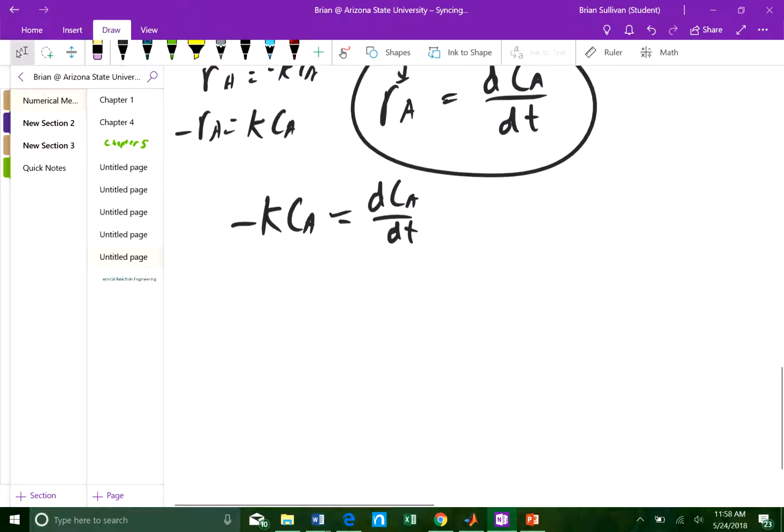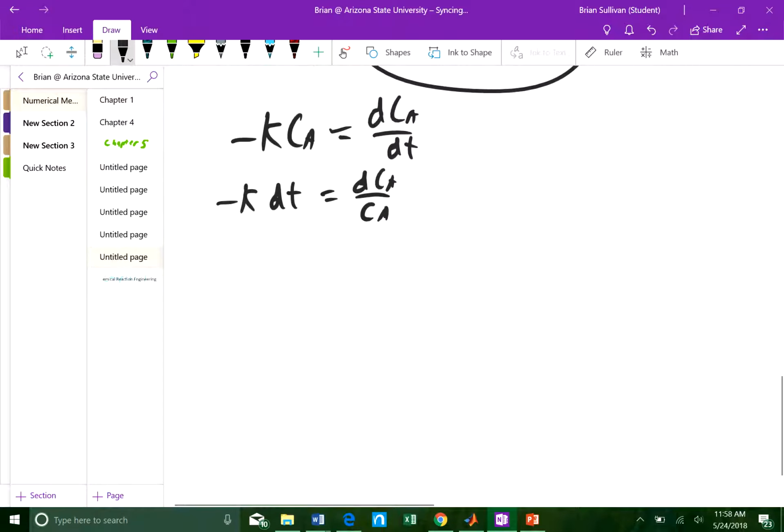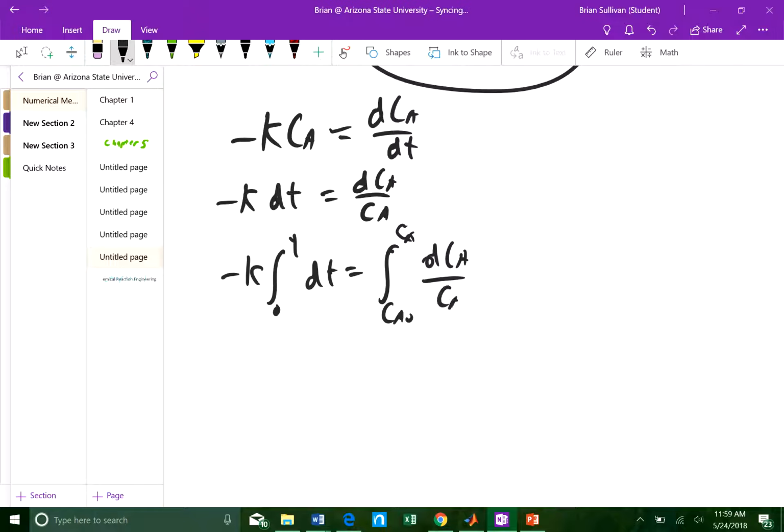Push dt to the left side and push CA to the right side. So then what you end up getting is this. We're almost there. Let's integrate negative k from 0 to t dt. On the other side it's the integral from your initial concentration, which will be higher than CA because you're losing A, of dCA over CA.